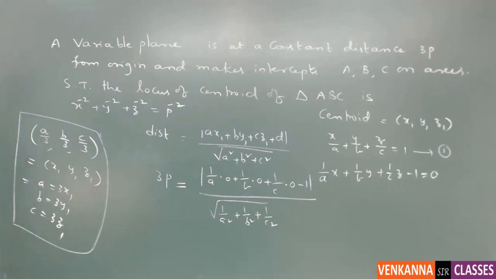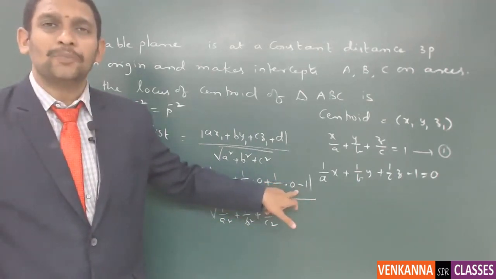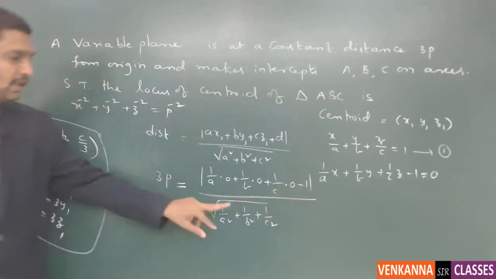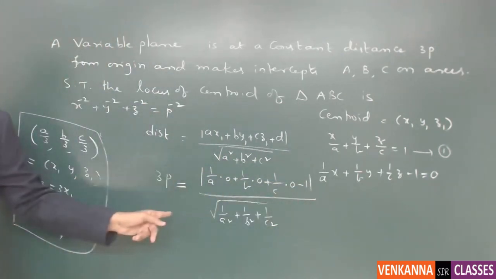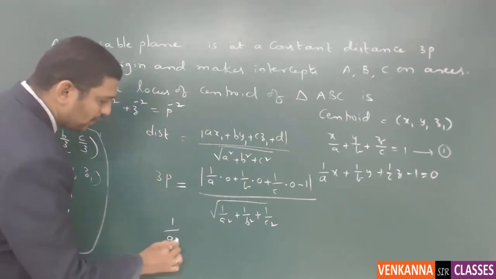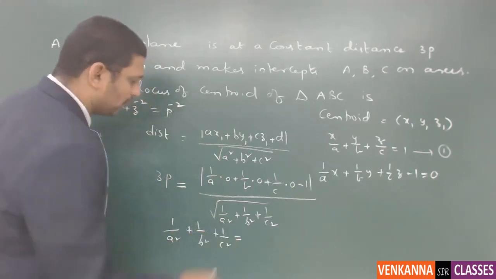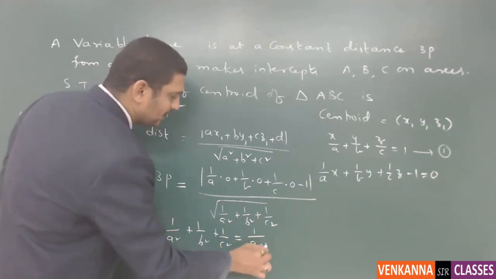Any questions on this, or is that clear? Right. Since these terms are 0, 1 will remain in the numerator after applying the modulus. Taking reciprocal and squaring on both sides, we have 1 by a square plus 1 by b square plus 1 by c square equal to 1 by 9p square.